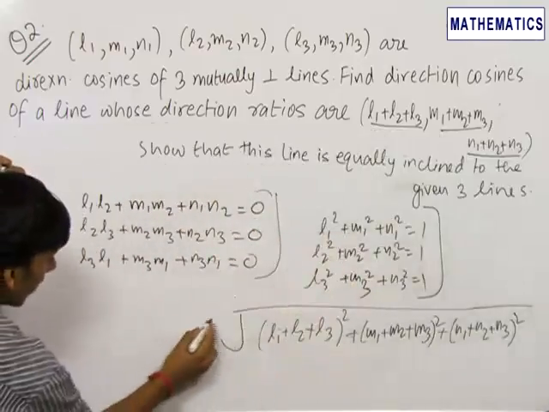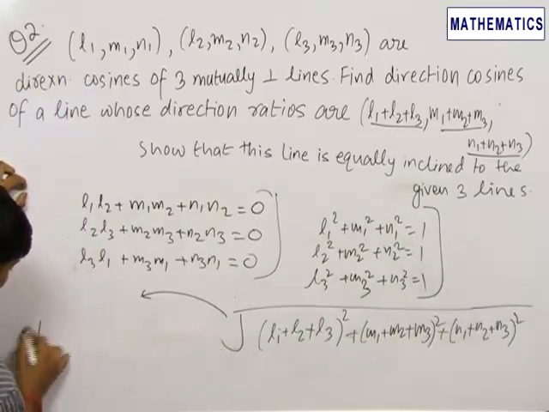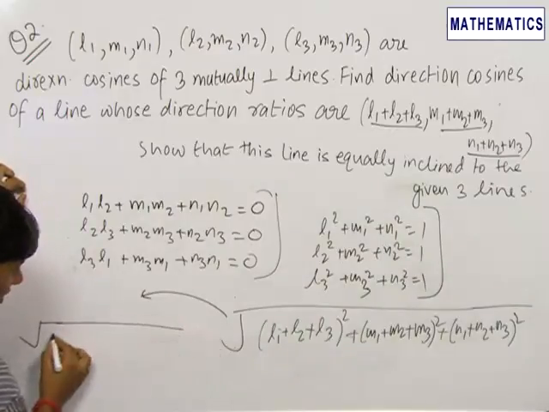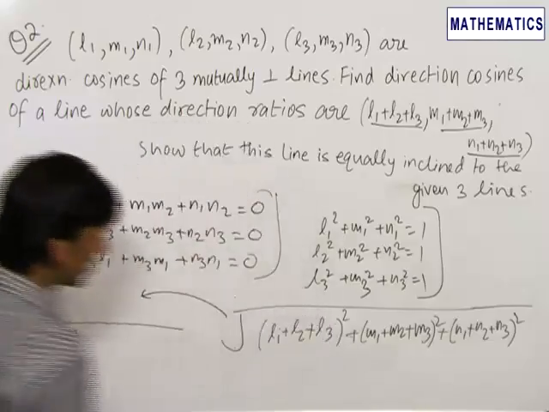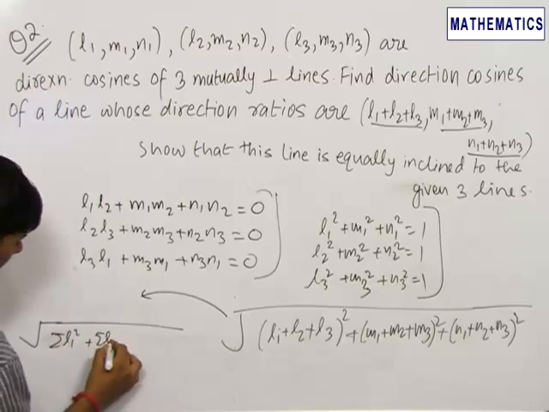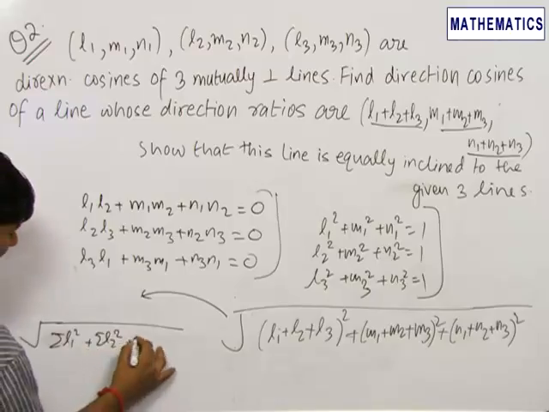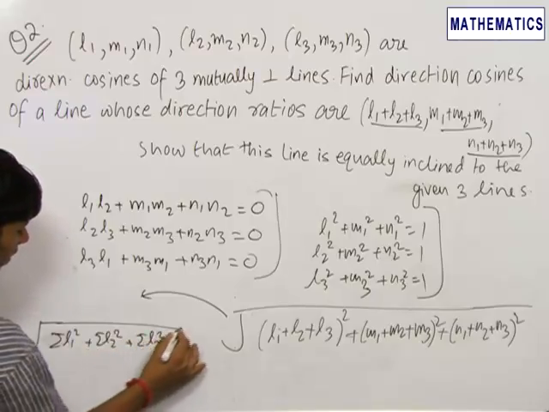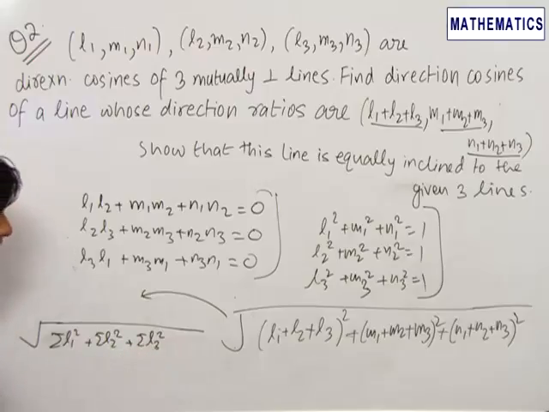Let us see how. This can be written to be equal to root over summation L1 square. This summation L1 square means L1 square plus M1 square plus N1 square, plus summation L2 square, that is L2 square plus M2 square plus N2 square, plus summation L3 square, that is L3 square plus M3 square plus N3 square.